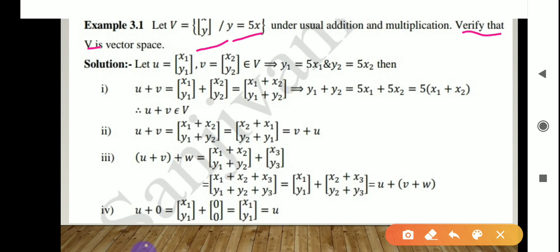Okay, so we know that the first property is the closure property.